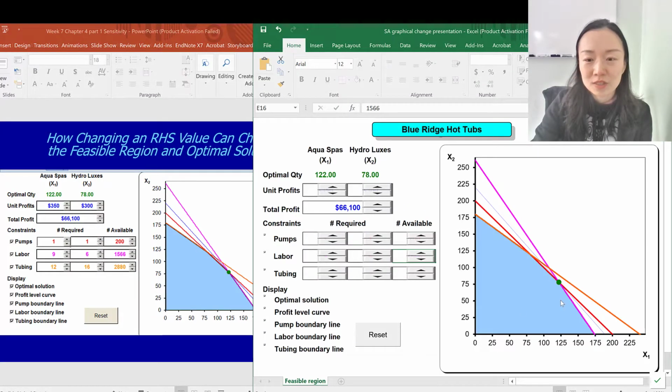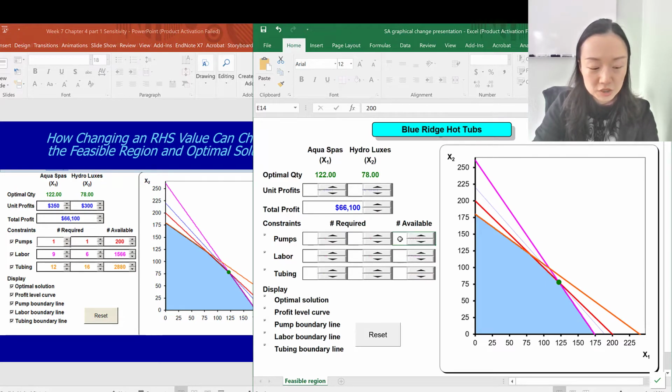Now let's use this graphical representation again to see how changes to the right-hand side or the left-hand side of the constraint impact our solution and the objective function value. We mentioned that this original optimal solution occurs at this point where the purple line and the red line, which represent the first two constraints, intersect.